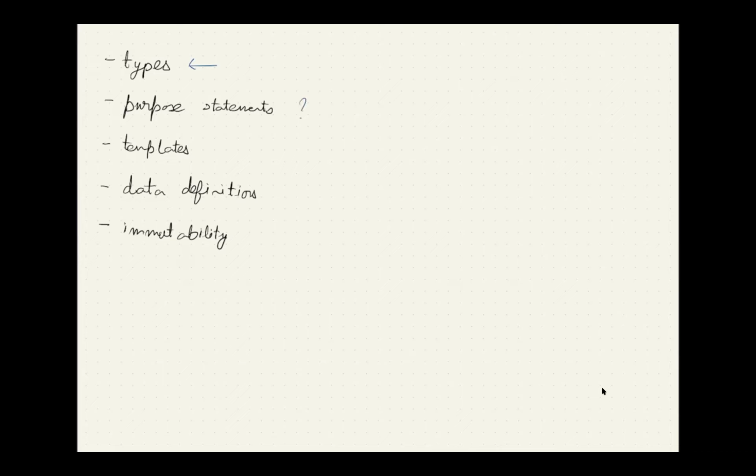But as for templates, we had this cond operation where we case split on empty or cons. Instead of that, we will have something called pattern matching. We will get to what that means. As for data definitions, we will also have interesting syntax for this. And we will also take immutability very seriously.